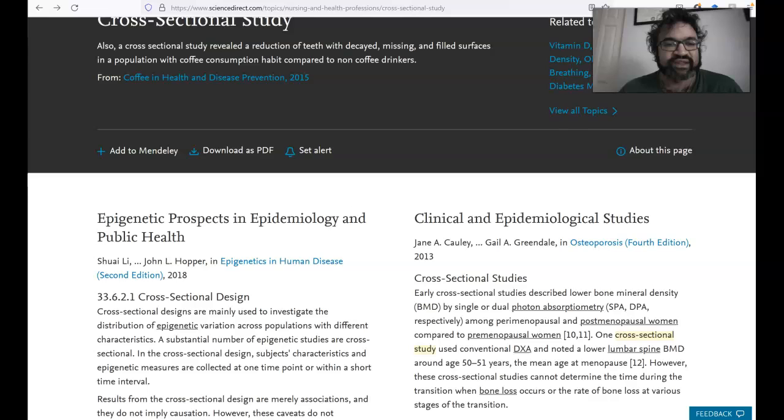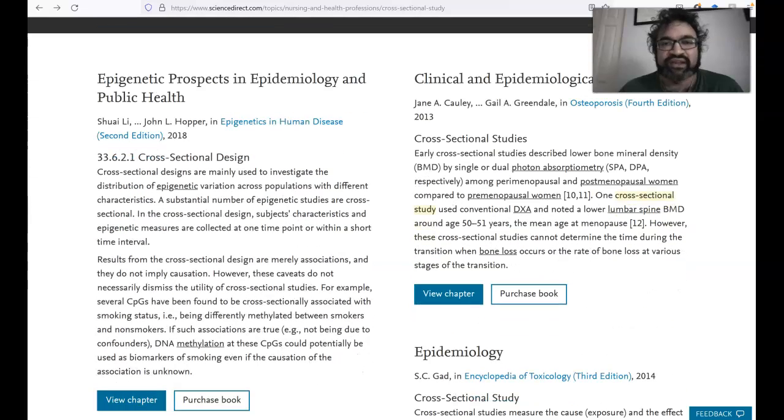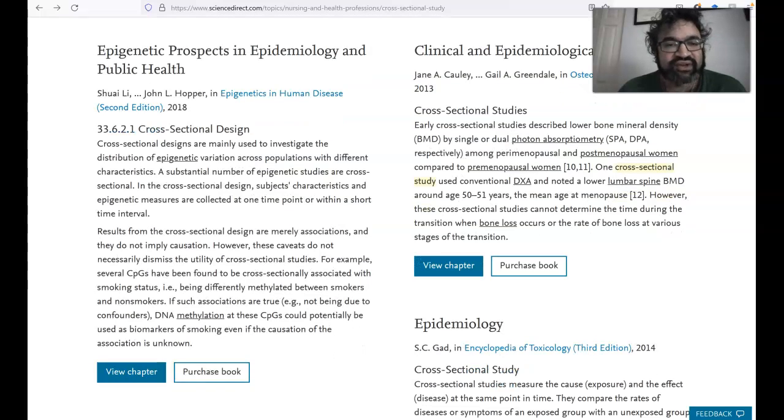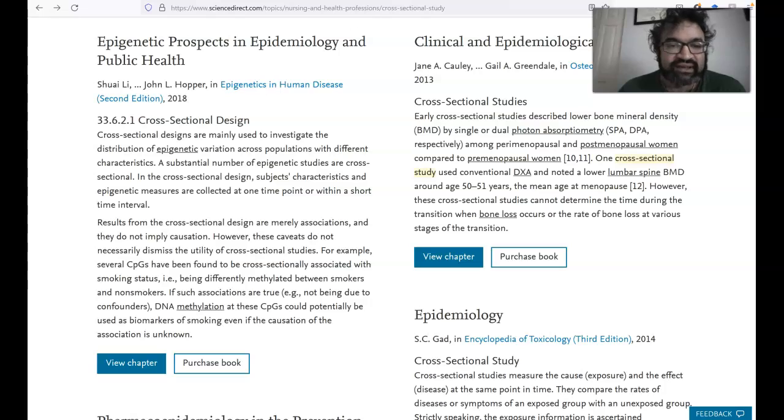And so that's one study, but then going into other topic areas which may be of interest to you, it talks about some epigenetics. And so cross-sectional study designs, this is an important point, are merely associations and they do not imply causation. And this is an important point for cross-sectional studies.